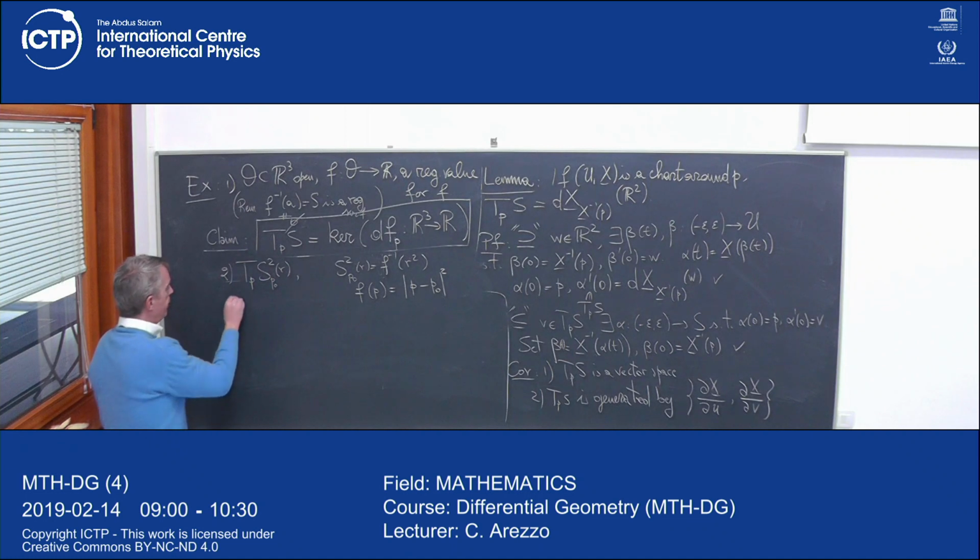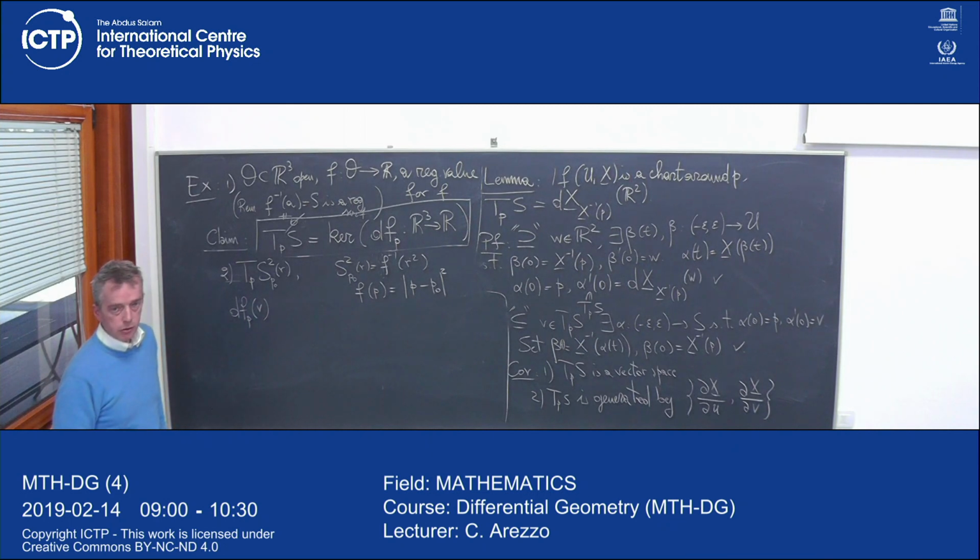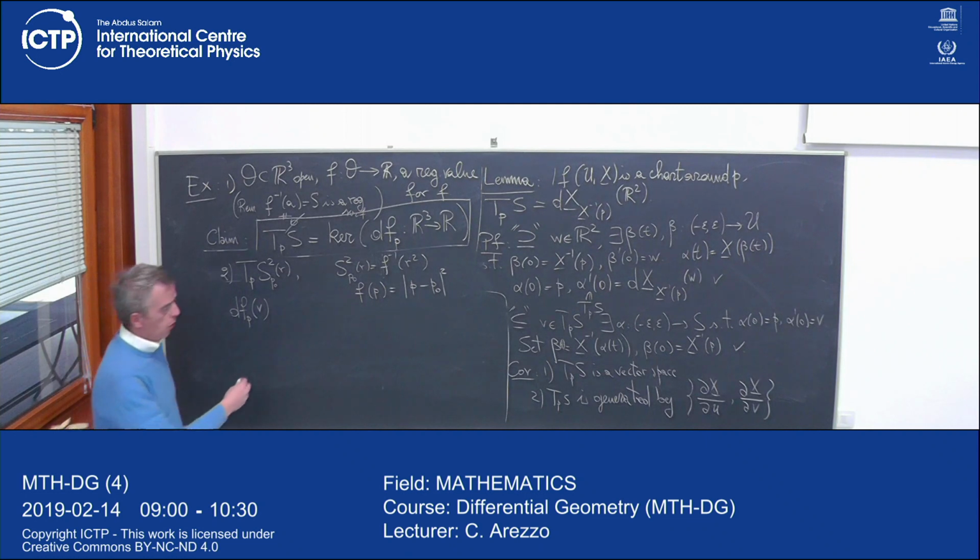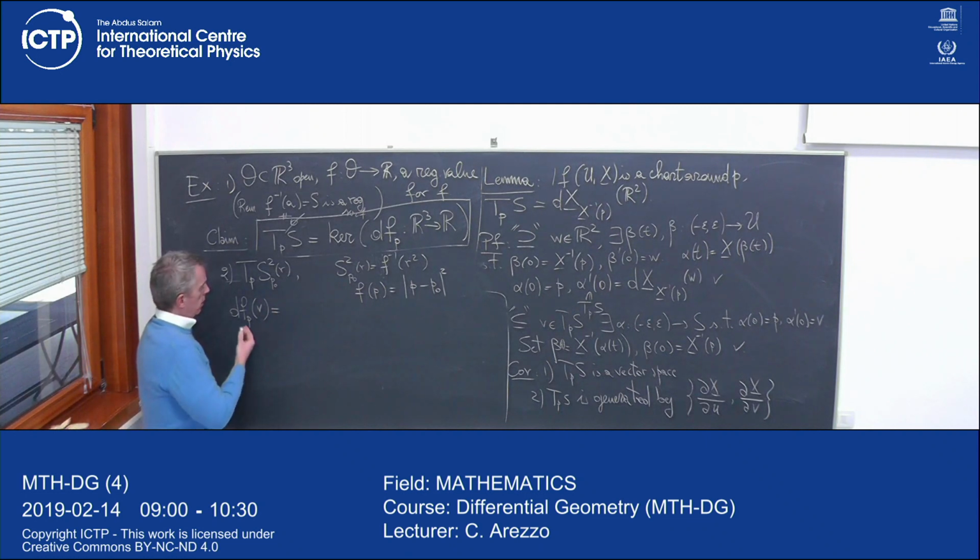So what is dfp of v? In fact, you have to learn to do it while you write. This is the derivative at time zero of f composed with a curve passing through p with velocity v.